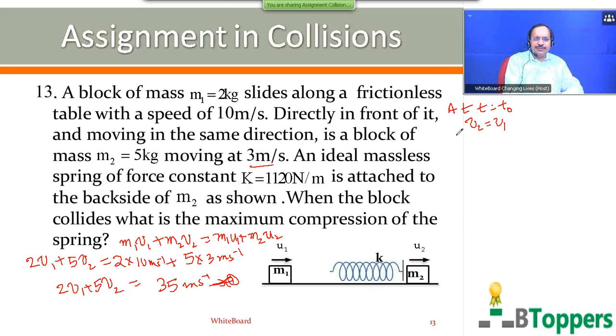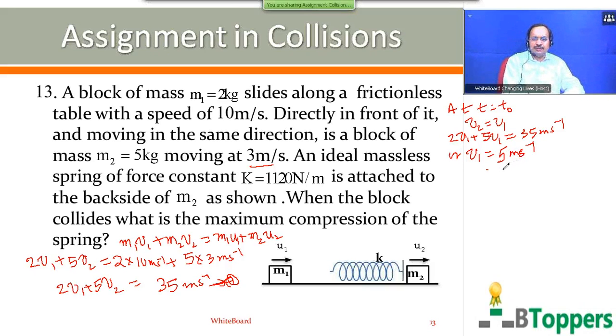So we can substitute here V2 equal to V1 at the instant of maximum compression, and solve this. Simplify this yourself. So you get V1 equal to 5 meter per second, or V2 is also 5 meter per second. So at the instant of maximum compression, the speed of each block is 5 meter per second.